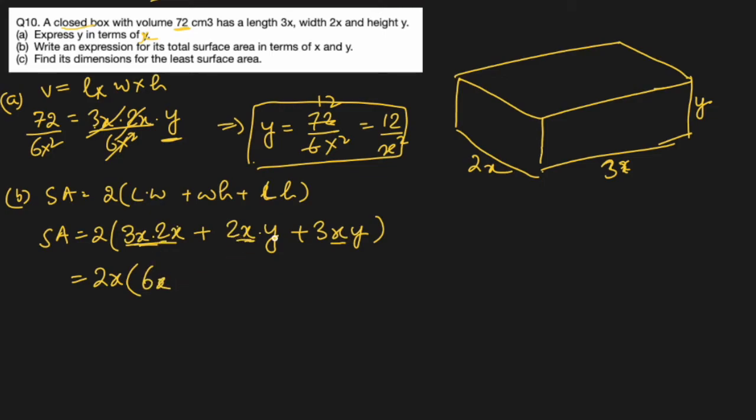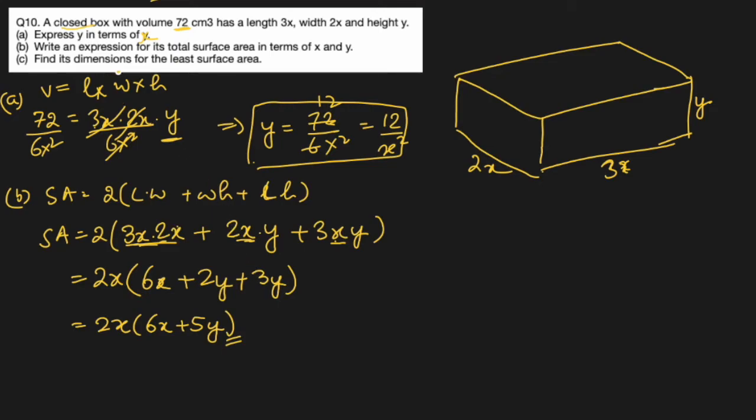Here only x is out, 2y, and here x is out, 3y. So the simpler form will be 2x(6x + 5y). This is the expression for the surface area.